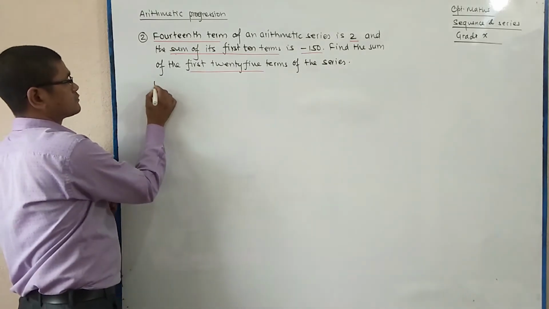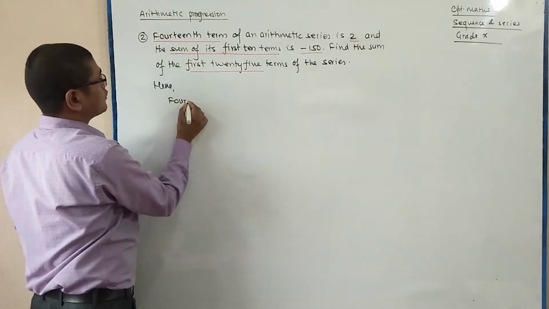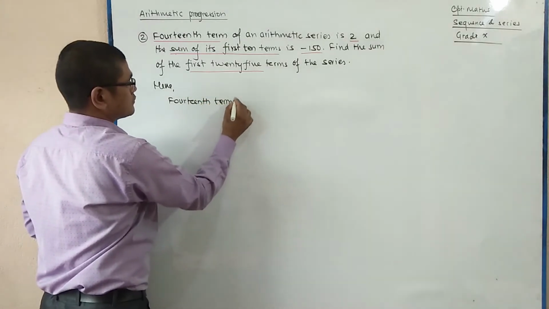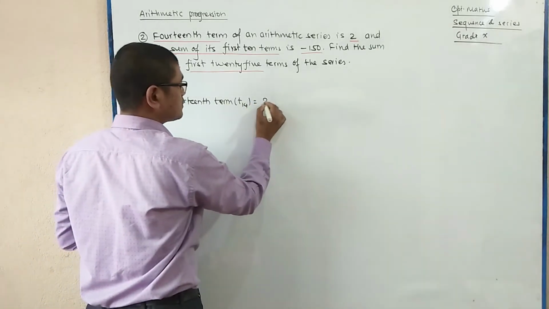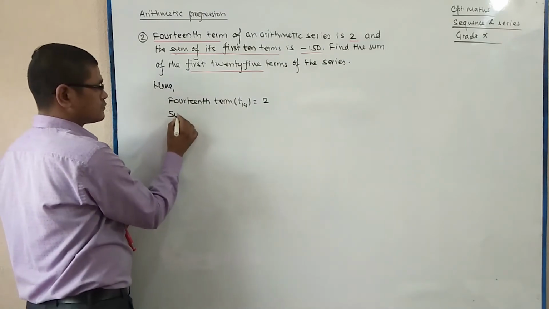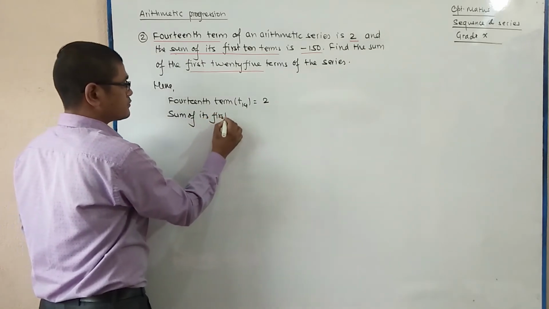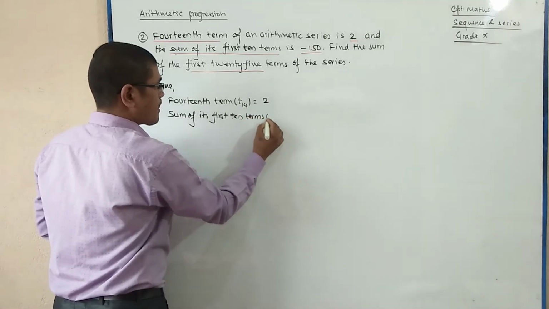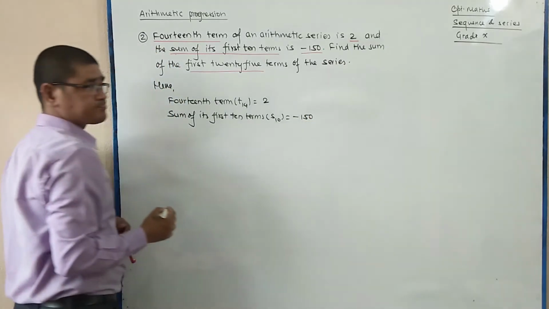Here, the 14th term, we can just write T14 as well. That is 2. After that, the sum of its first 10 terms, S10, equals minus 150.